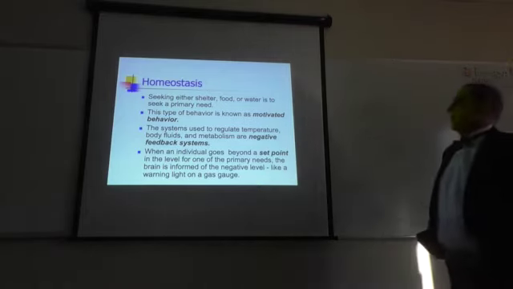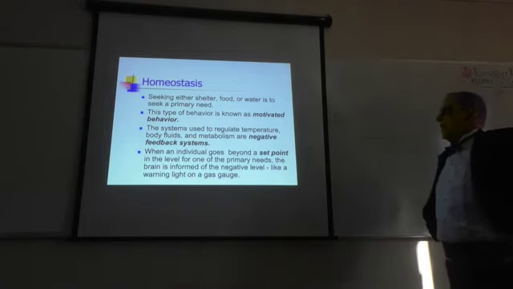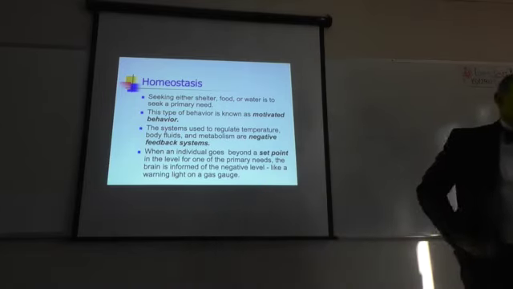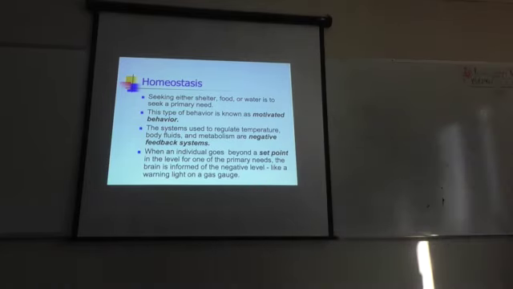The systems used to regulate temperature, body fluids, and metabolism are negative feedback systems. It was really kind of an interesting situation because we're talking about a ghetto system here. We're talking about everybody starving to death. There's just not enough food. So the individuals that were the most successful in these situations were the little short skinny guys. It wasn't the big hulking monsters that were able to maintain themselves. It was these little bitty guys that were able to sneak through cracks in the cement and whatnot.